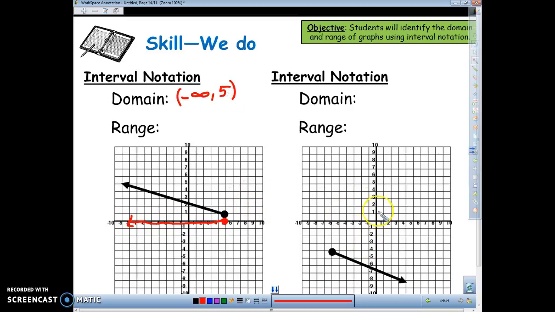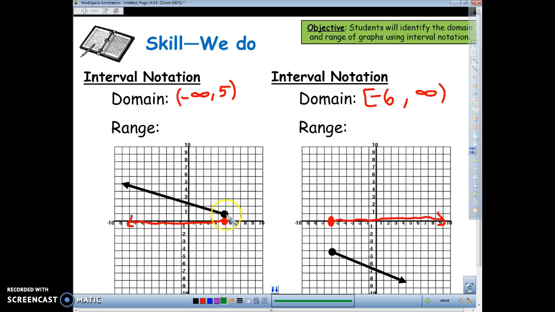Looking at my domain here for my second example, if I squish this again to my x-axis, this goes up here to -6, and then my arrow continues this way. So my domain would be -6, my lower value, and I'm going to use a bracket there because it's a closed dot, and it goes all the way to infinity.